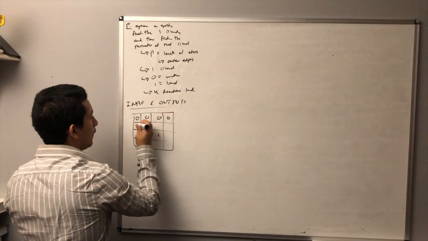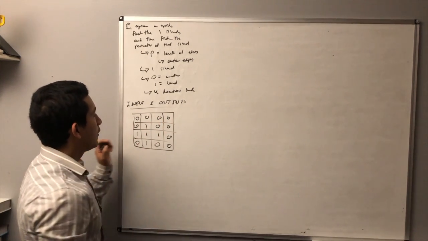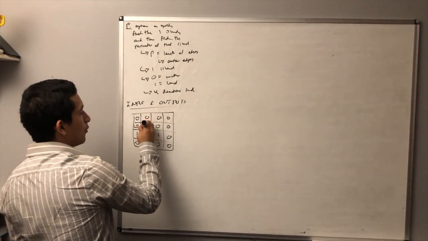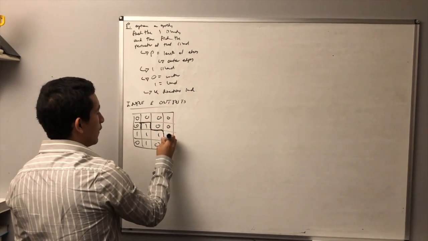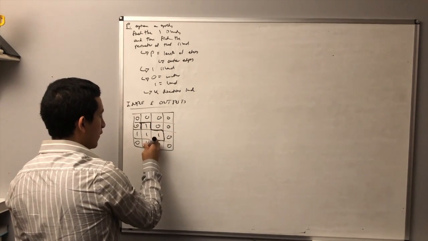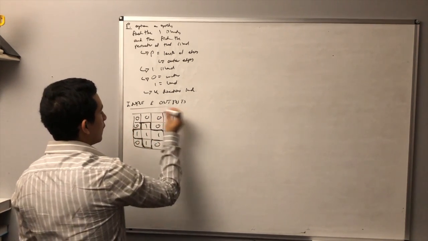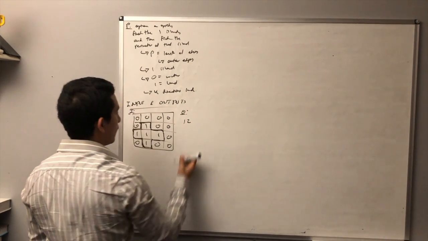Everything else is going to be zeros. And what we want to calculate is the perimeter of this island over here. And the perimeter would be 1, 2, 3, 4, 5, 6, 7, 8, 9, 10, 11, 12. So input is this, our output would be 12.